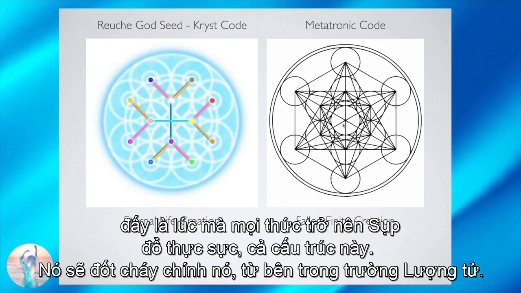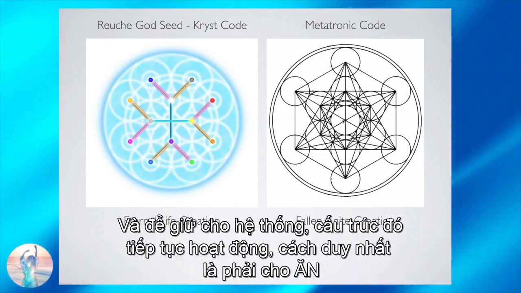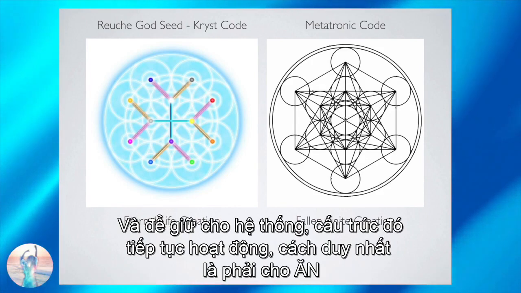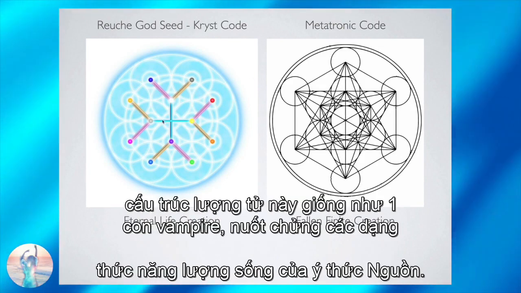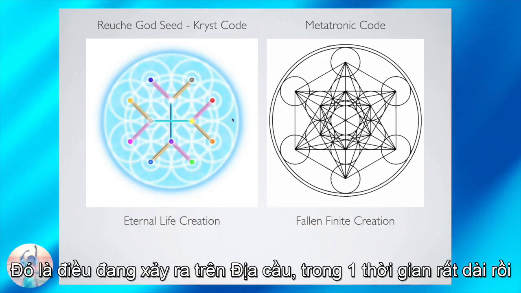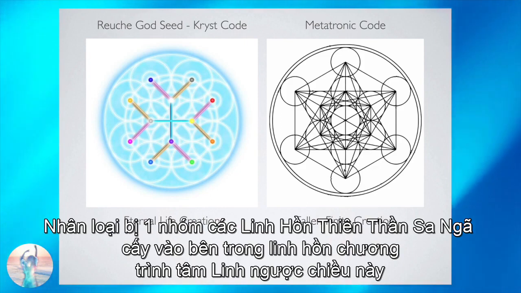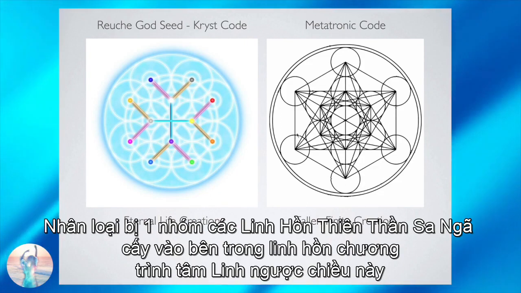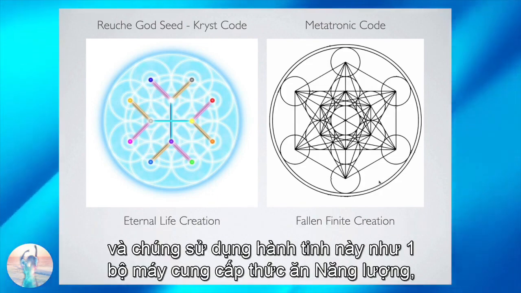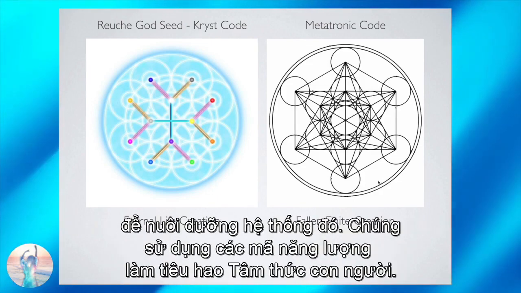So it will eventually burn out its own quantum, and the only way to keep this structure going is for it to feed vampirically off living Christ code templates, which is what's been happening on this planet for a very long time. You've got whole soul groups of people, fallen angelic beings, who are running this program, and they use this planet as a giant energetic feeding system.